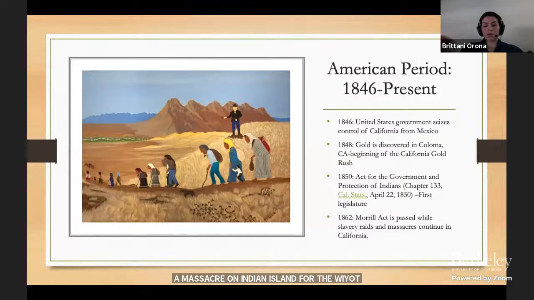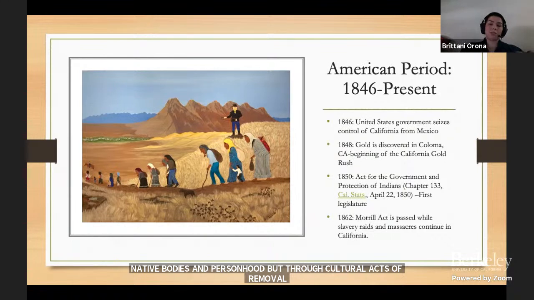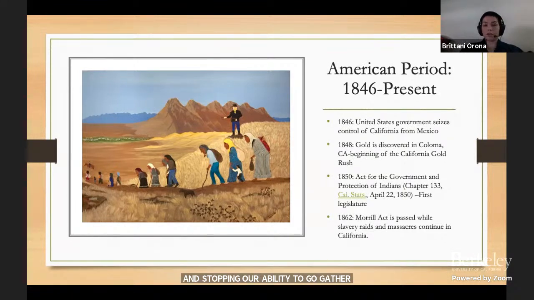So not only is there this incredible amount of violence happening to Native bodies and personhood, but also cultural acts of removal, stopping our ability to go gather and participate in ceremonies and guaranteed safety. A lot of these ceremonies went underground because of the threats of violence towards Indian people.